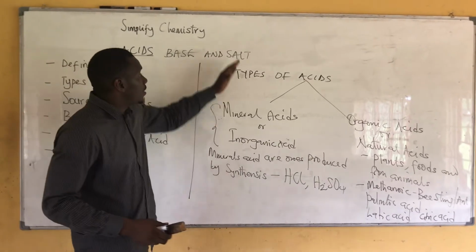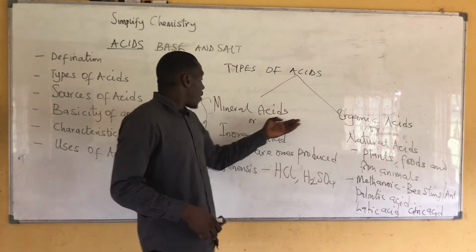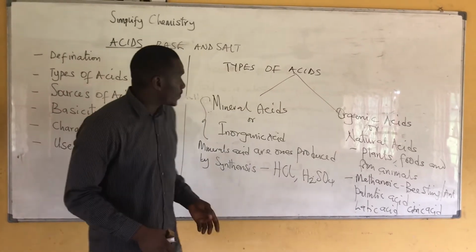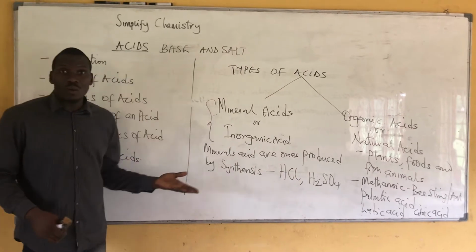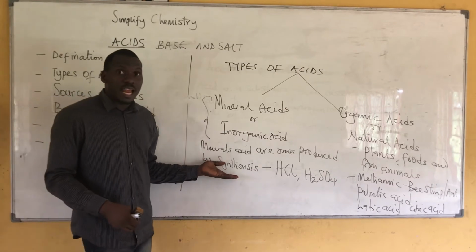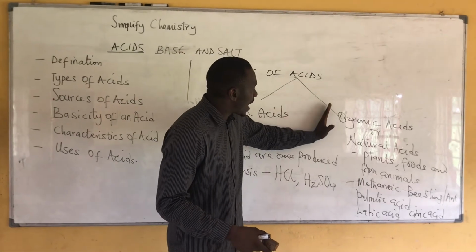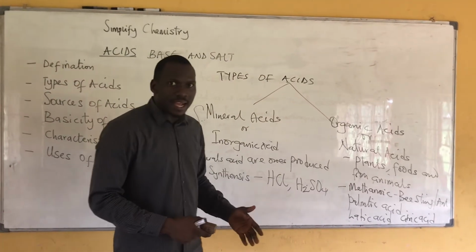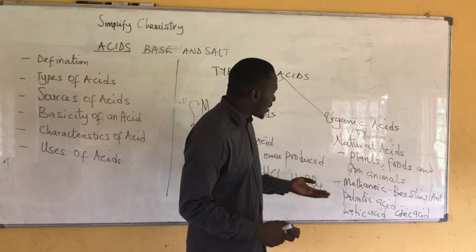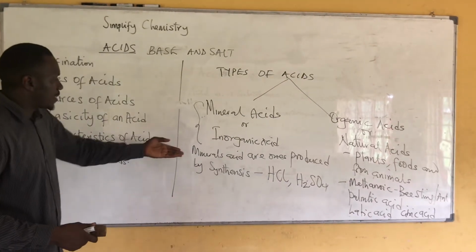Let's quickly remind ourselves. We said types of acids: we have the mineral or inorganic acid, and the organic acid or natural acids. The mineral acids are the common ones synthesized in your laboratory. They are produced in large bulk or small bulk, depending on the need for the usage. The organic acids are the natural acids, from nature, either from plants, foods, and animals.